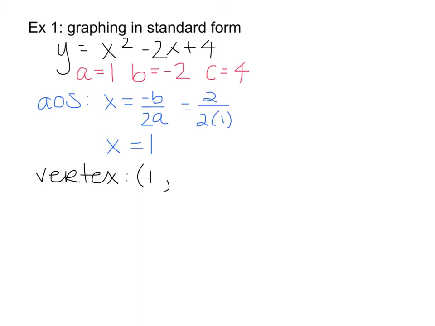So now to find the y part of my vertex, I take what x equals, and I'm going to plug it in for x into my original equation. So I'm just going to write over down below.